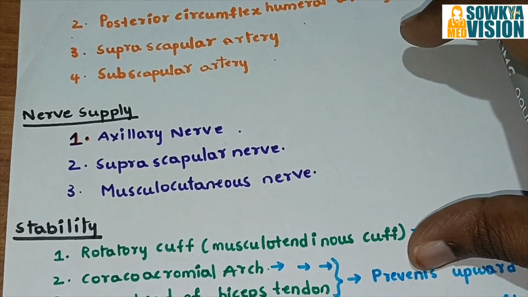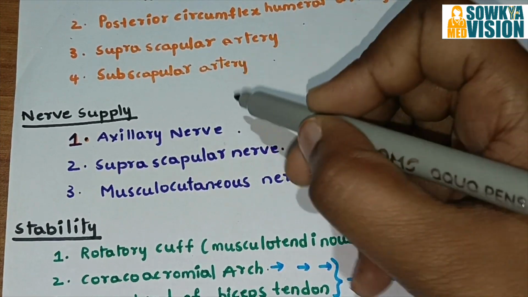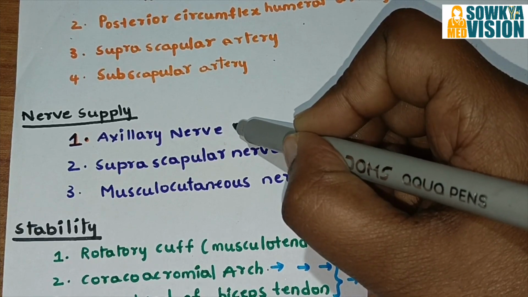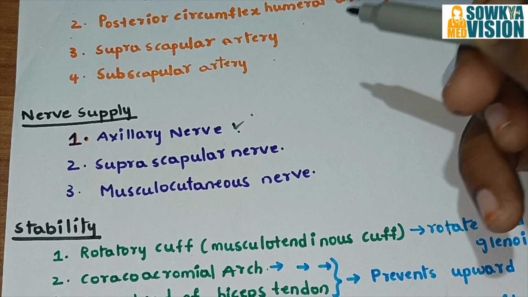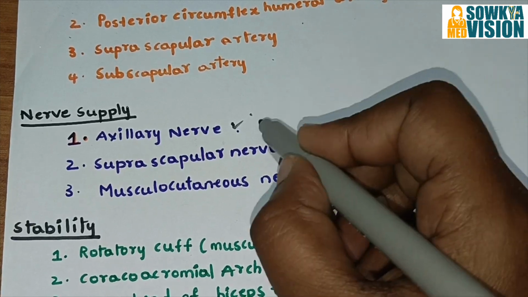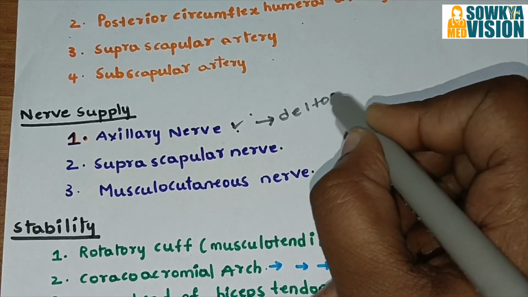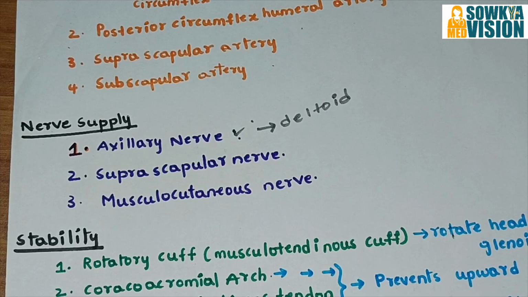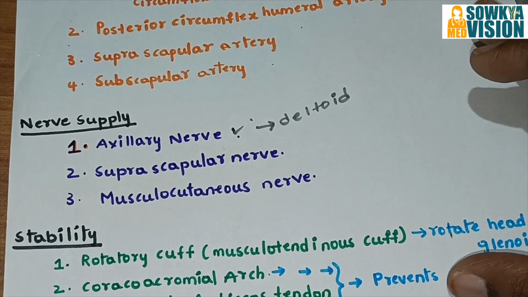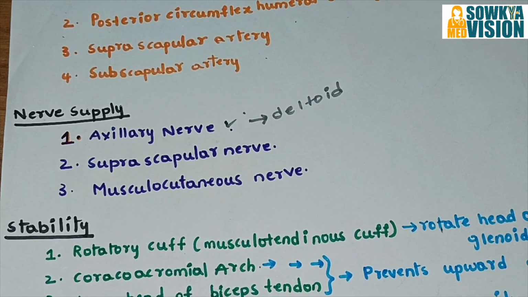And now the nerve supply. The major nerve that supplies the shoulder joint is the axillary nerve. Along with the shoulder joint, it also supplies the deltoid muscle. We know the deltoid muscle covers the complete shoulder joint, so the axillary nerve not only supplies the deltoid muscle but also the shoulder joint.